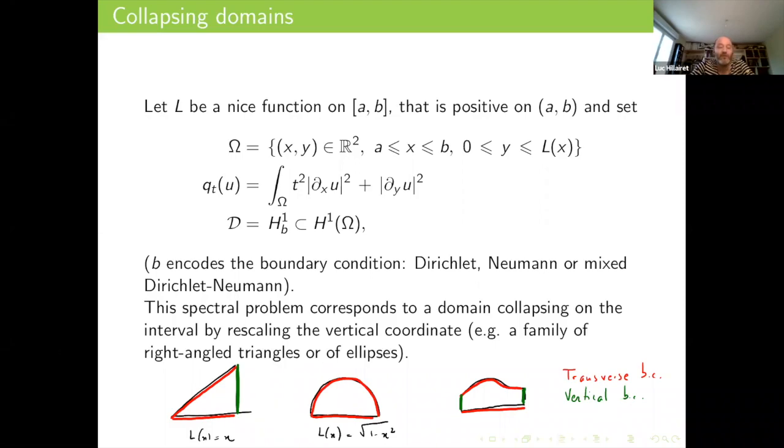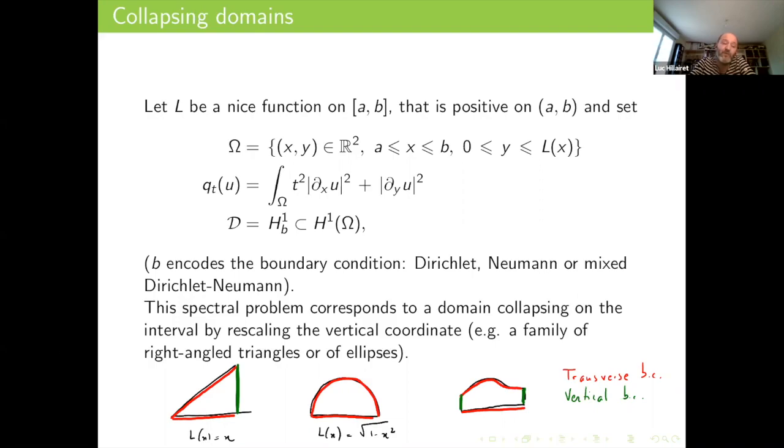And this q_t of u, which is the same expression as before, corresponds to shrinking the domain up to a renormalization. And now you choose this domain D. It's very important, in order to apply analytic perturbation theories, that the domain is fixed.